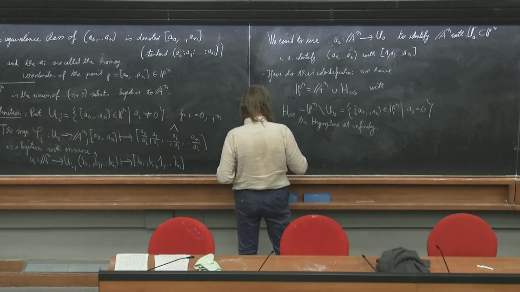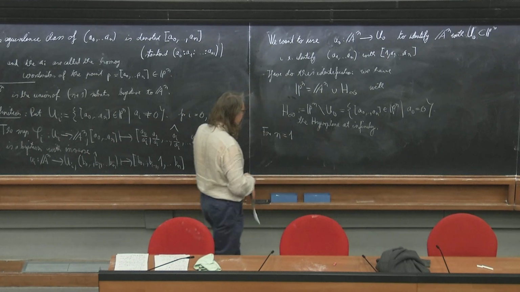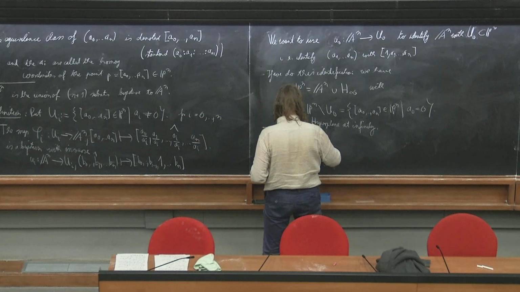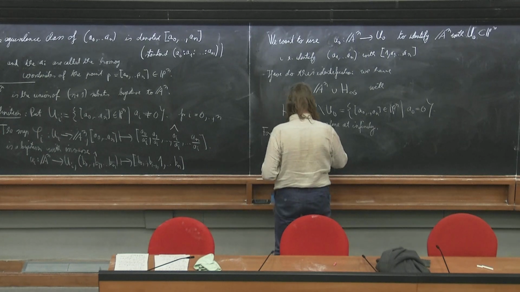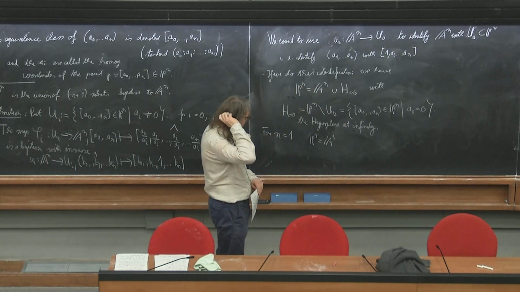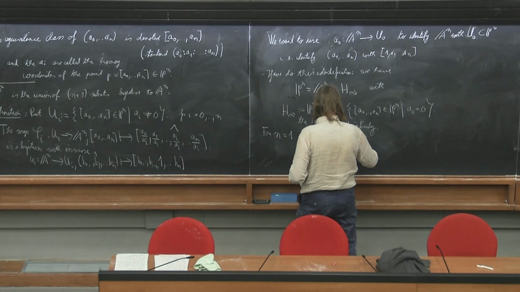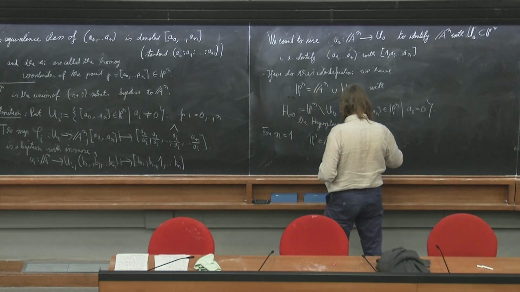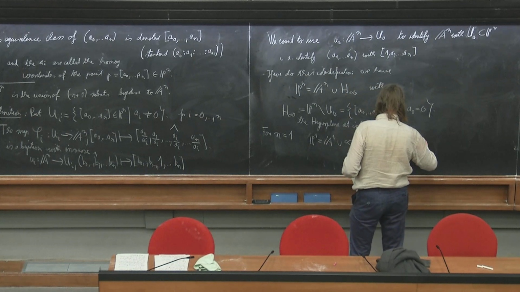For instance, for n equal to 1, we get that P^1 is equal to A^1 union the corresponding hyperplane at infinity, but the hyperplane at infinity is just one point, so I can call this point infinity, being the point (0, 1).